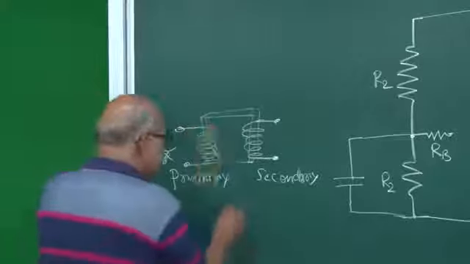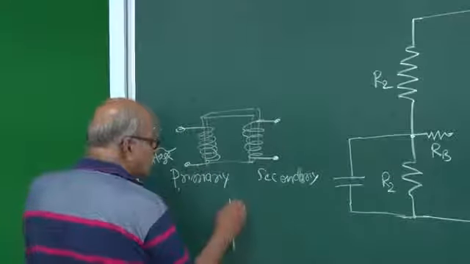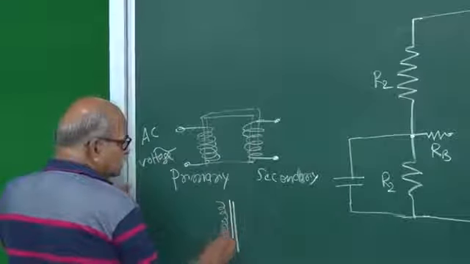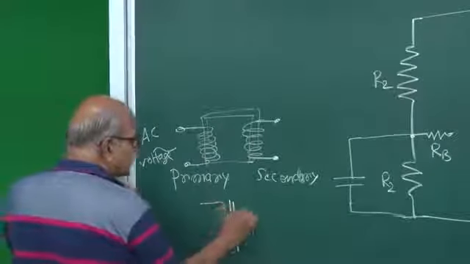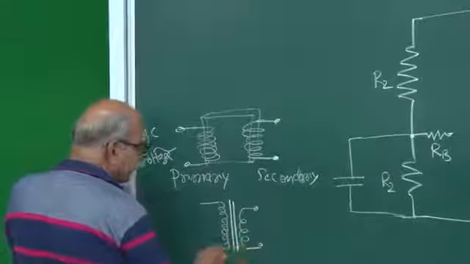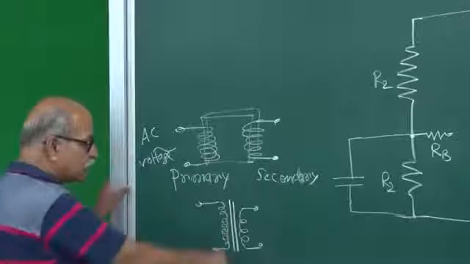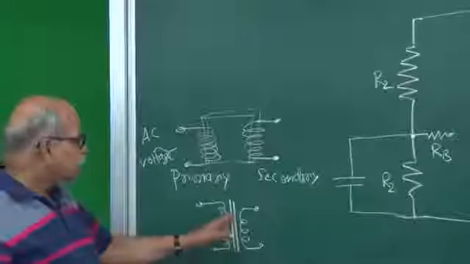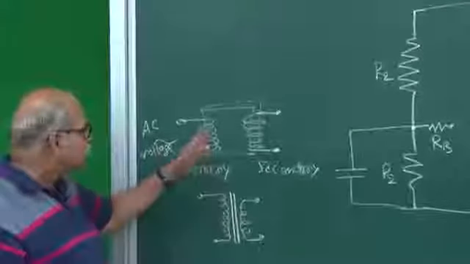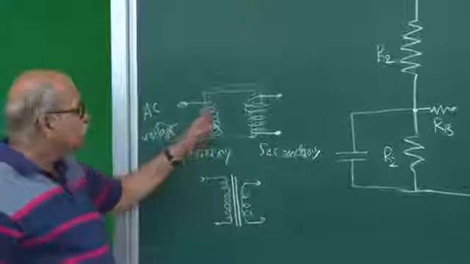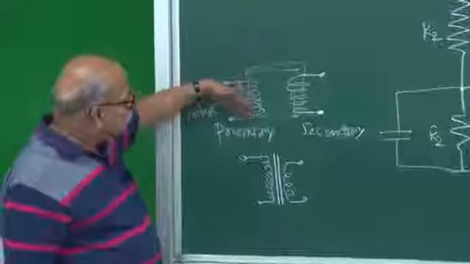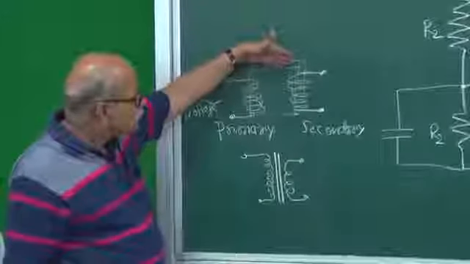And the symbol for this is, you draw two vertical lines, and then you show the primary here and the secondary here. So this is the symbol. These two vertical lines represent that core which is the bridge for sharing magnetic field between this coil and this coil. Through this ferromagnetic thing, the magnetic field lines are guided.